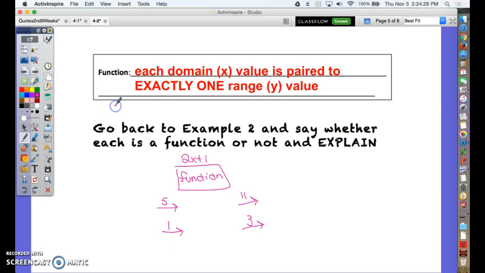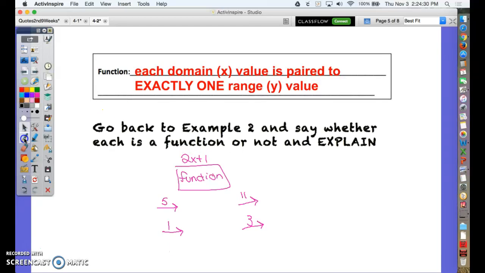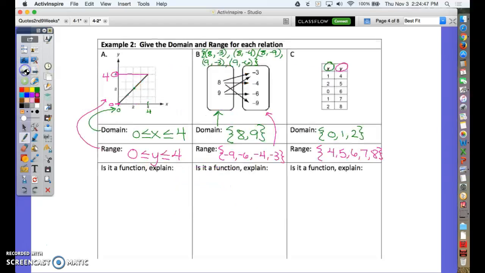Another shortcut thing to think about is the fact that x can't repeat with different y values, okay? X really can't repeat, or if it does repeat, it always has to have the same y, all right? So let's look back at these three.